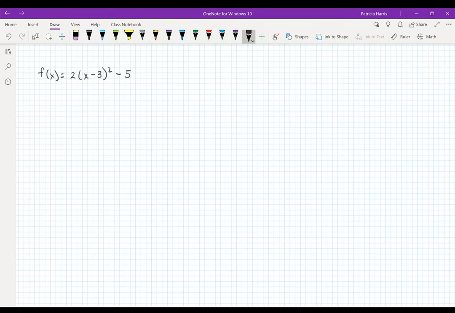Okay, so you guys would probably tell me, well, there's a vertical stretch. Then you might tell me that my vertex would move right 3, down 5, and would be located at the point (3, -5).